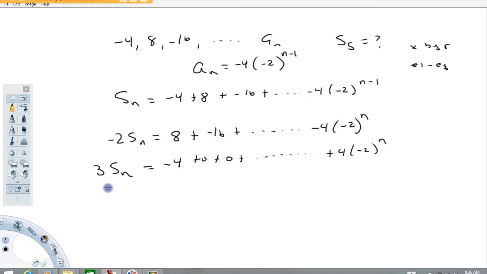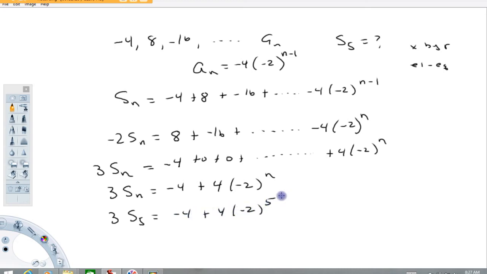All right, so this 3 times s sub n, this is going to shorten up really nicely now, is going to equal -4 plus all the zeros, let's just leave them out. And that last term is going to be 4 times -2 to the n. We were interested in the sum out to n equals 5, so 3 times the sum of n equals 5 is -4 plus 4 times -2 to the 5th power.